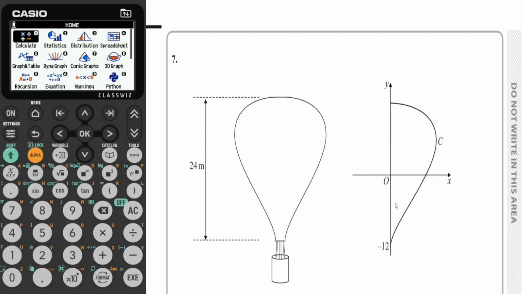For part A of the question, we've got the curve C and we've got the coordinate axes here. The total height is 24 meters, and so this would correspond to the −12, and therefore the point here will be (0, 12), meaning the height from the x-axis to the highest point on the curve is given as 12. So this has an x-coordinate of 0, a y-coordinate of 12.